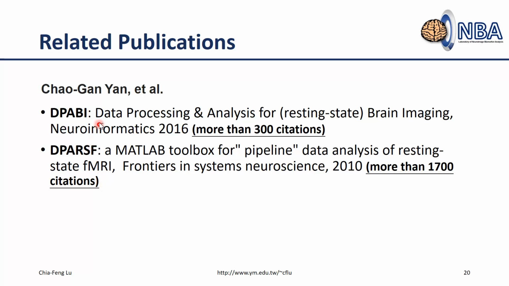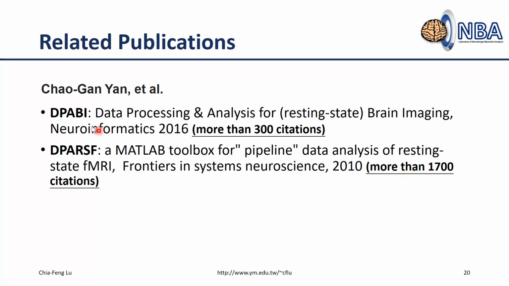So as you can see, DPABI, or another toolbox called DPARSF, was developed by the Chinese researcher Yan Chaogan. He first published DPARSF in 2010, and it has now accumulated over 1,700 citations.